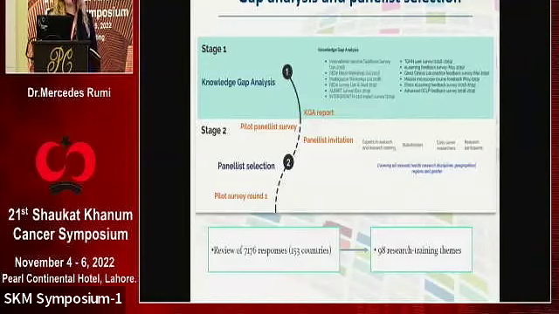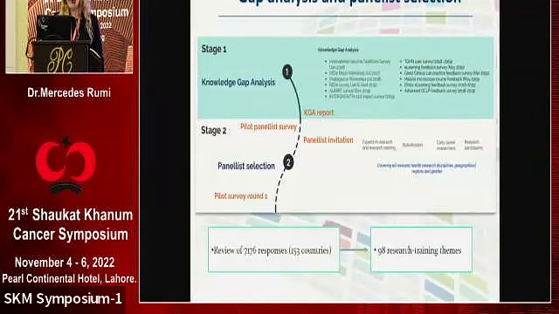So we had this list of 98 research training themes that came from this gap analysis. But then we needed a group of experts to check if all these needs were really the essential ones. Therefore, we did a panelist selection.